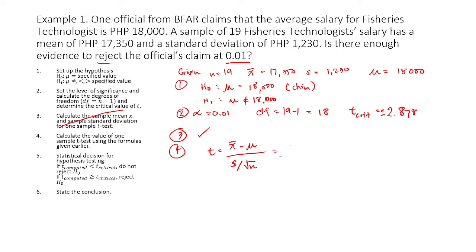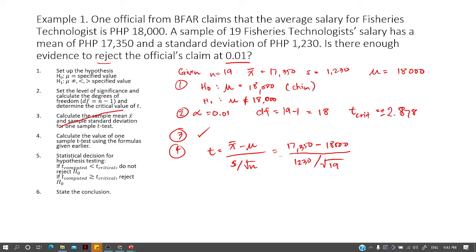So, we have here x bar which is equal to 17,350 minus 18,000. So, magkakaroon tayong negative na value dito over standard deviation which is 1,230 divided by the square root of n which is 19.